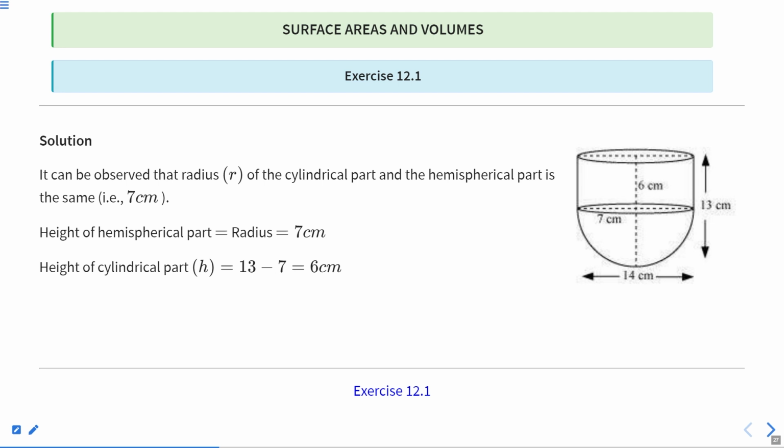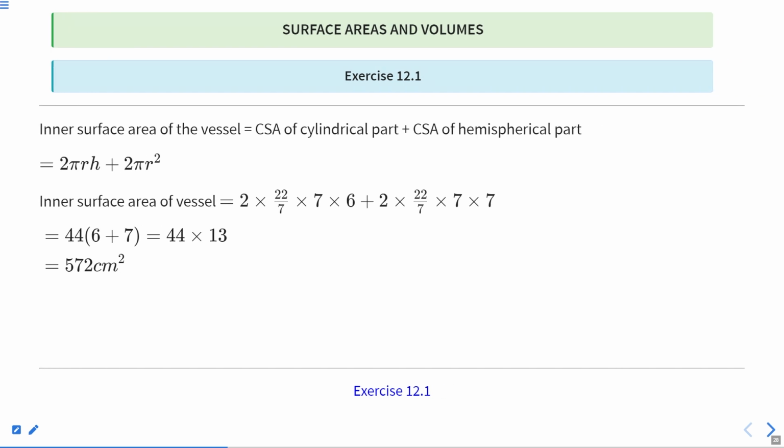Now the inner surface area of the vessel is nothing but the curved surface area of the cylindrical part plus the curved surface area of the hemispherical part. If we add them, we get the inner surface area of the vessel.